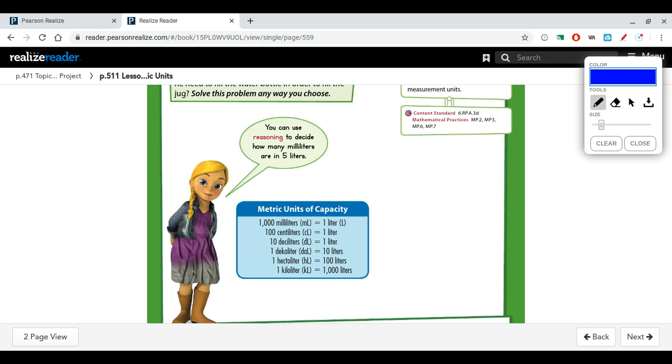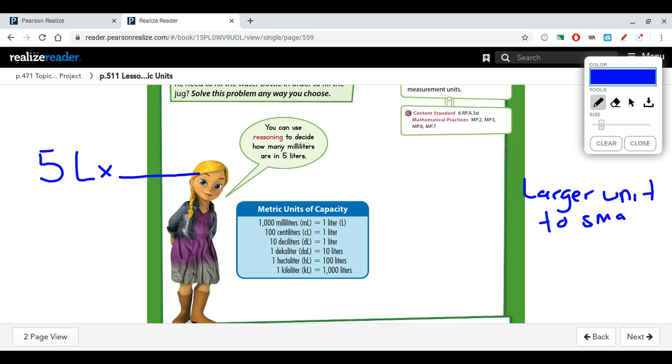Okay, so I'm going to start with my total amount that I need, which is 5 liters. And I'm going to convert it. When I do this conversion, I'm going to use the conversion factor. If you recall, when we do the conversion factor, if I'm going from a larger unit, in this case liters is a larger unit, to a smaller unit, I would write this down on your practice again today.